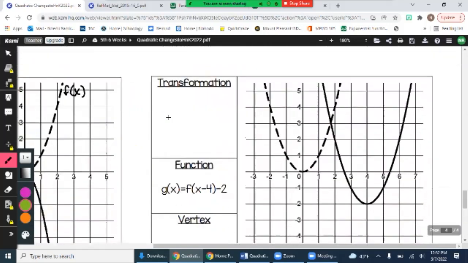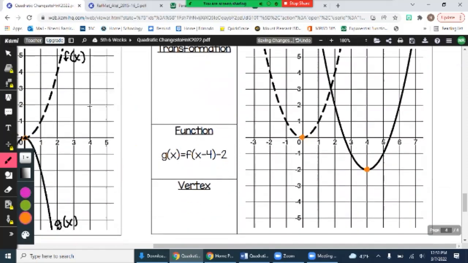So always check the vertex first. What did the vertex change to from 0, 0? Nope. 4, -2. Once again, our x value is 4, our y value is -2. First, you always notate the x value, then you give the y value. 4 comes from the x-axis, -2 from the y.